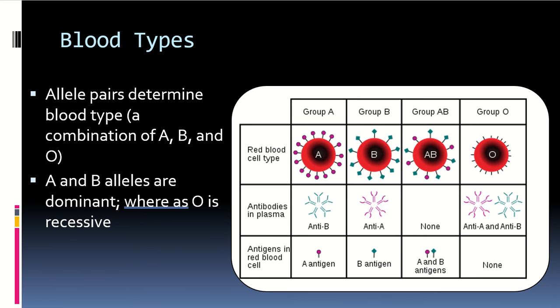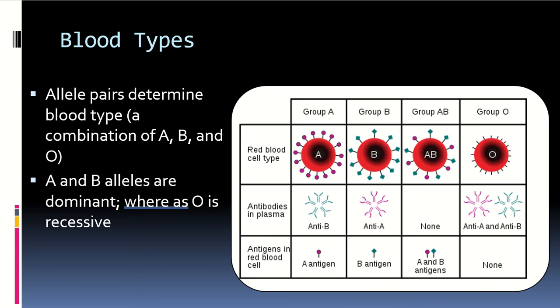If you inherit, say, a dominant allele and a recessive allele, for example, say you inherit an A allele from one parent and an O allele from the other parent, then is your blood type type A or is it type O? Because A is a dominant allele, it will take over, and therefore you will have blood type A.